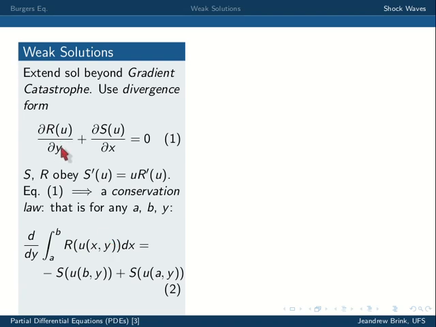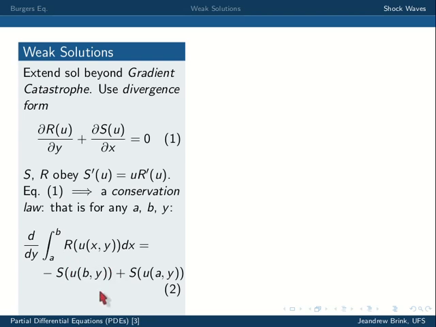And that is equal to minus the integral from a to b of d/dx of s of u. Because it's a derivative with respect to x and you're integrating with respect to x, you can simply evaluate s of u on the boundaries, namely s of u of a of y minus, because the term is below but you have a minus sign in front, so it becomes plus, the thing evaluated at the second boundary.